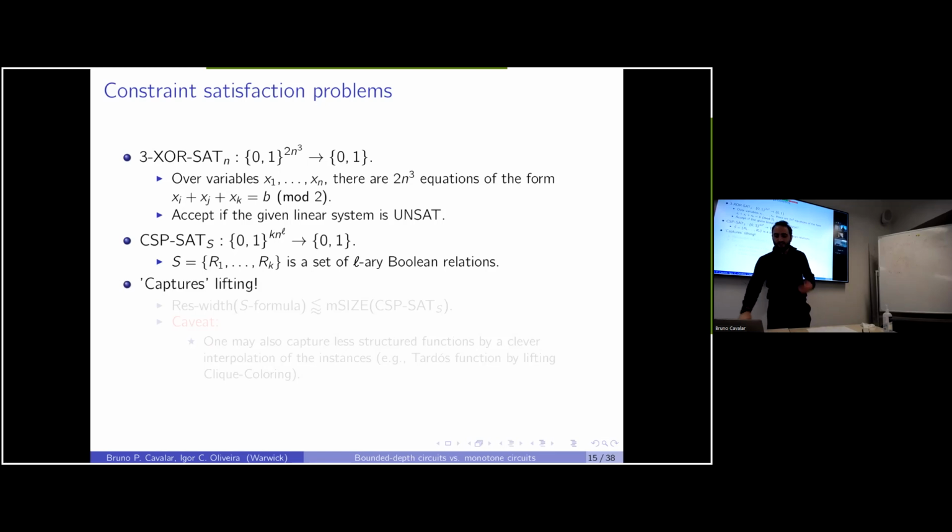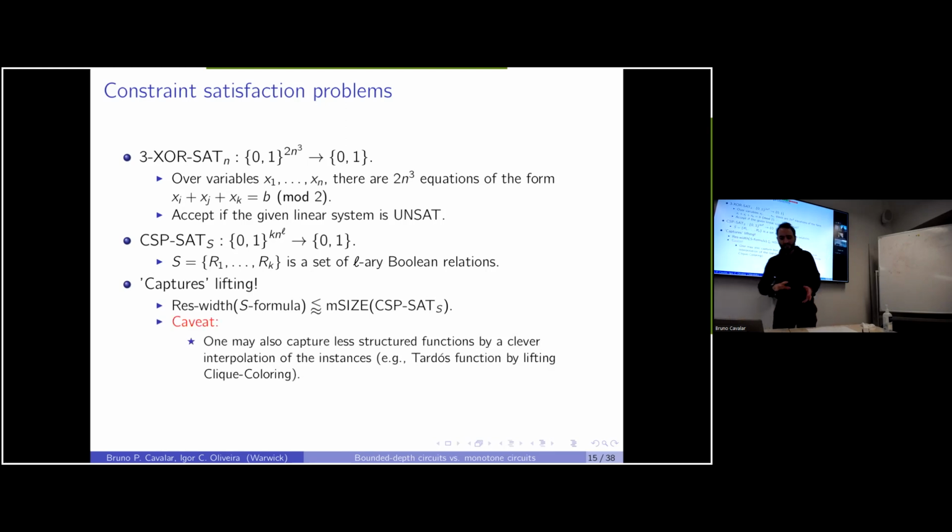And there's some sense in which this captures lifting, in the sense that many of the lower bounds, if not almost all of them, that are proved for monotone circuits via lifting go from a resolution lower bound on an encoding of the S formula, which is a constrained application of these relations, and then this resolution lower bound gives a monotone circuit bound.